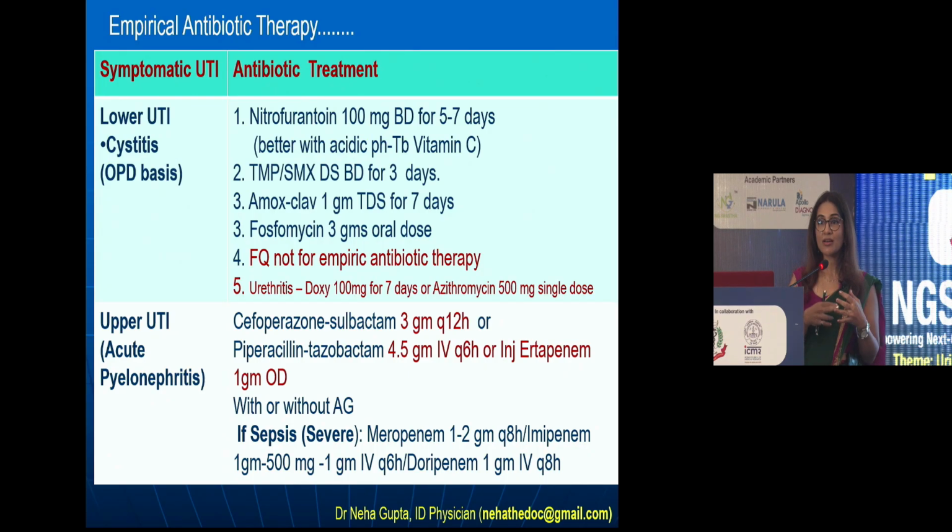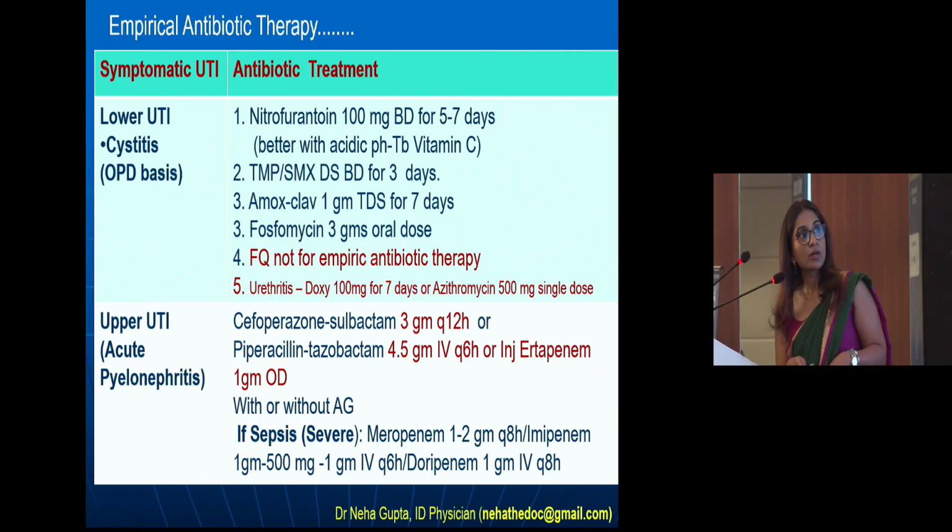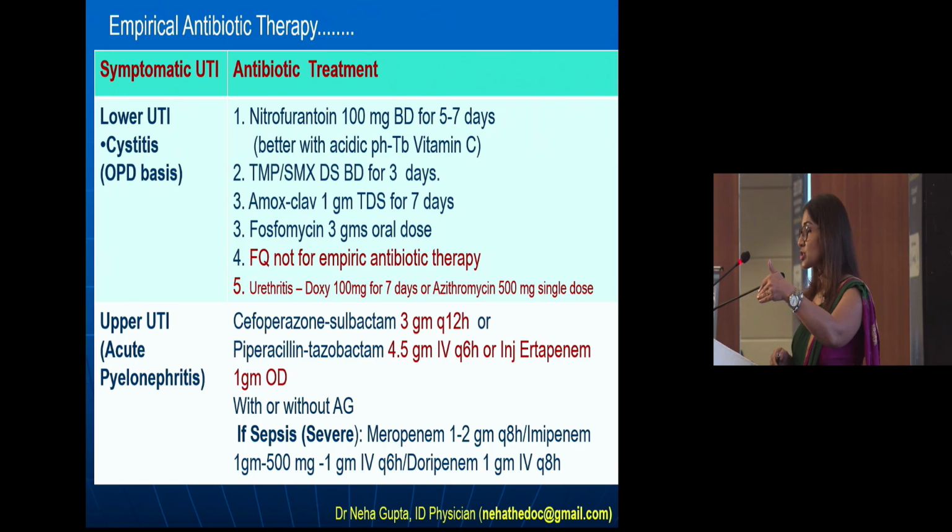The first would be nitrofurantoin, because it has a good concentration in the urine and lesser collateral damage. Then we have TMP-SMX, which can be used for 3 days or so, and in case the patient is a man, then a longer duration of antibiotic therapy is recommended.